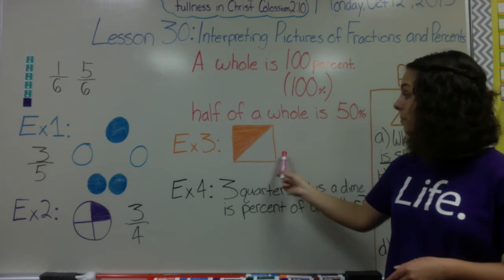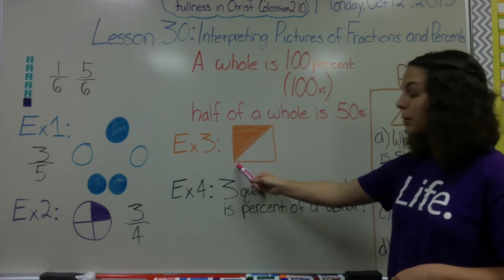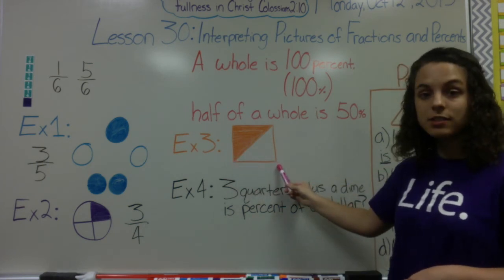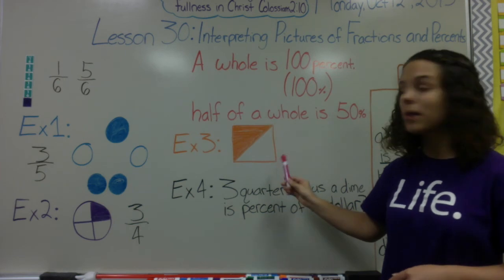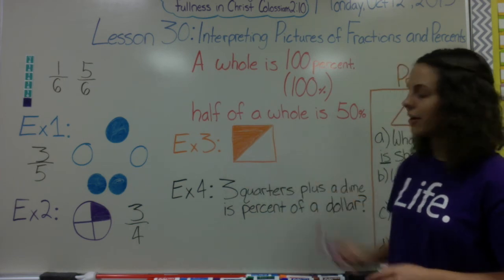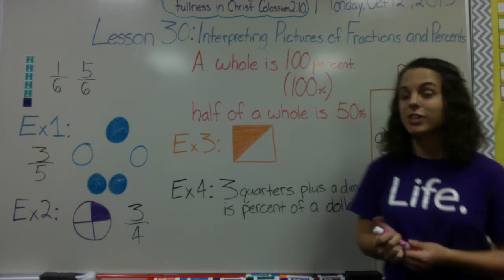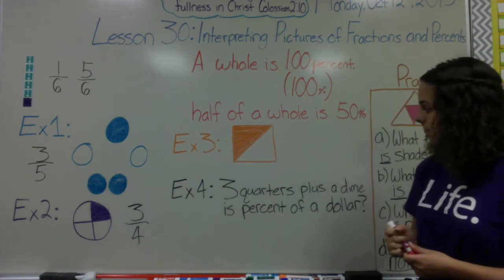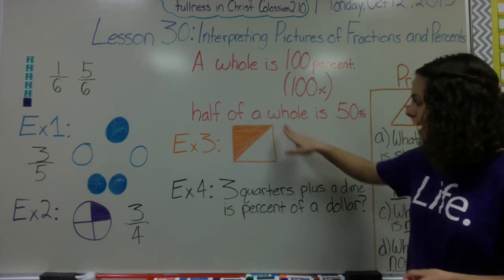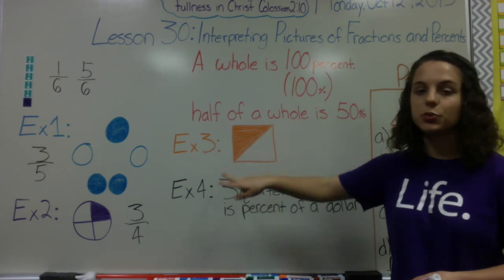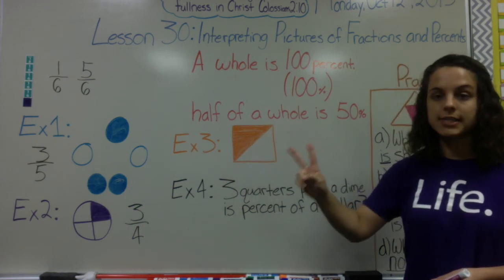So for example 3, what I want you to answer is what percent of this square is shaded? Go ahead and write your answer down. Now what we want to look at is that this square is split into 2 equal parts. That's a key thing.